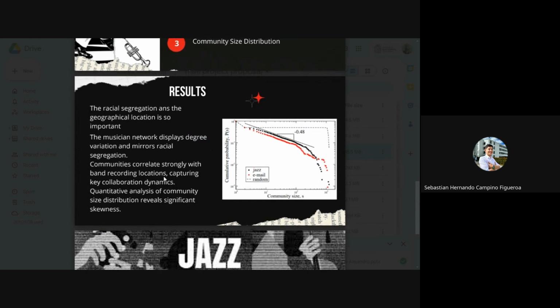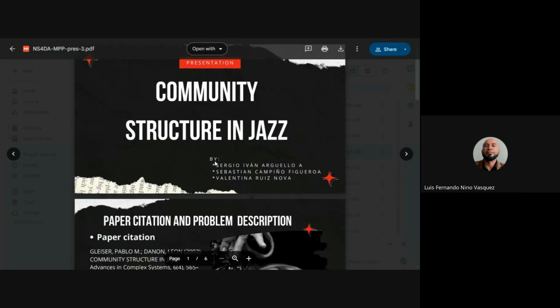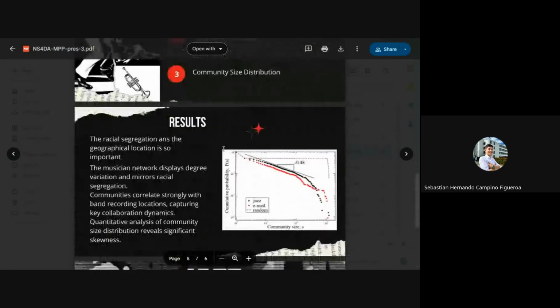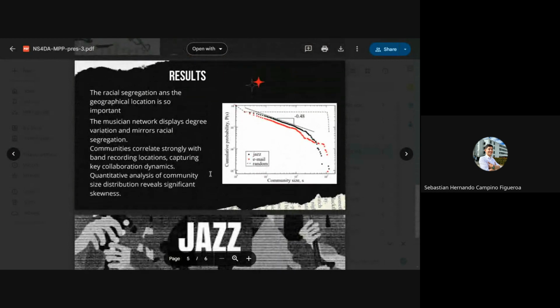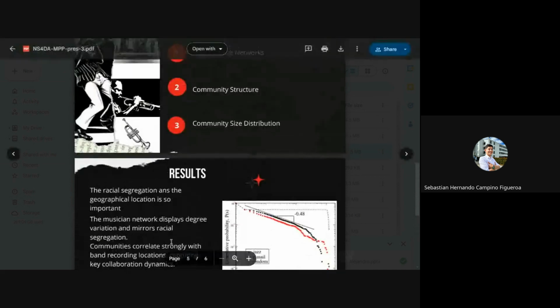we can see that the location is very important. Sorry. Yeah, no worry. So, for example, in this photo, there is a relation with the location of the musician. You can see that in the third slide, please, just for a sec.